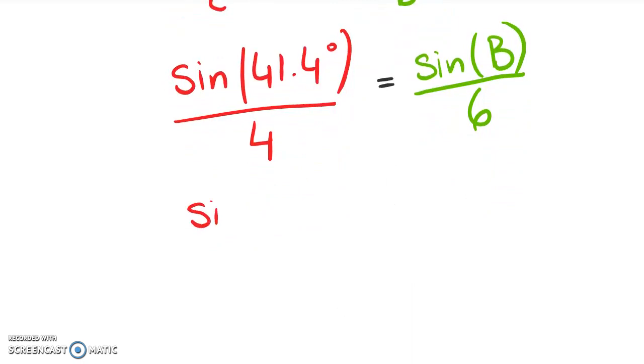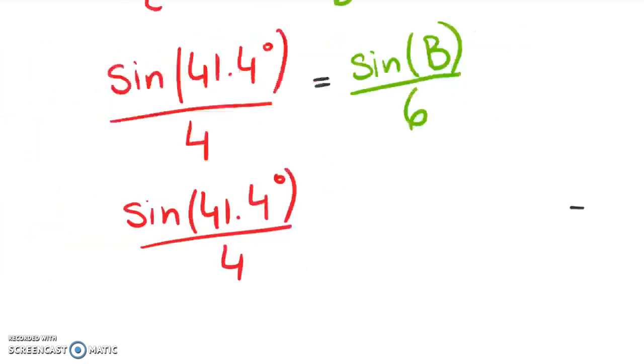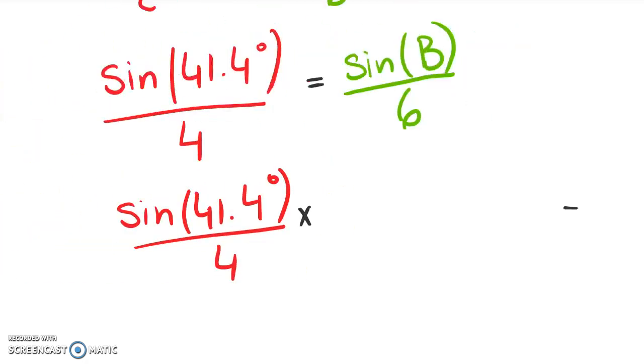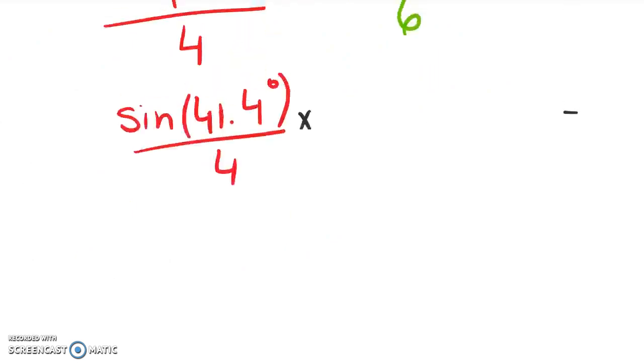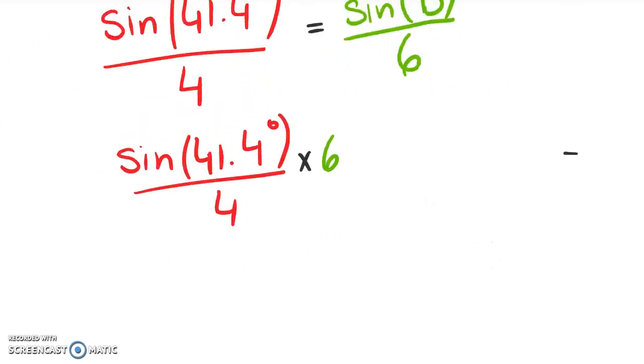So we have sine of 41.4 degrees divided by 4 times 6 is equal to sine of B. Okay, so when we do that calculation on the left here, we find that's about 0.99.